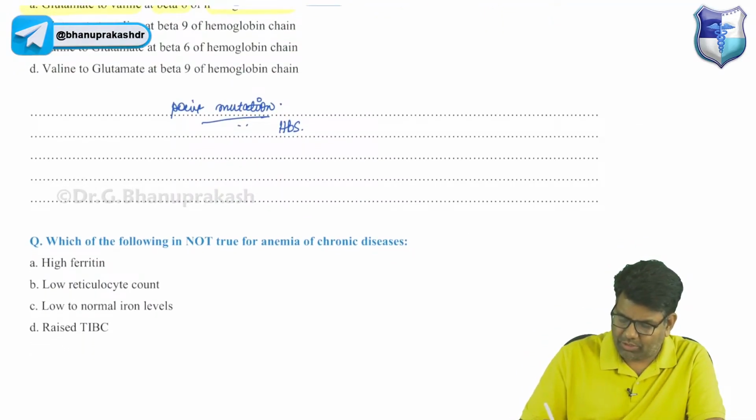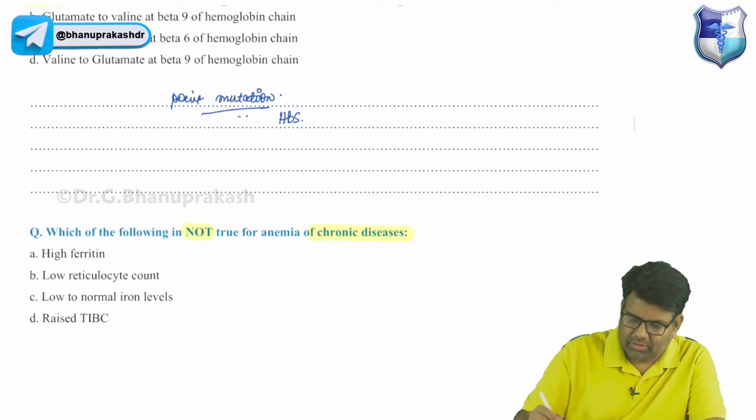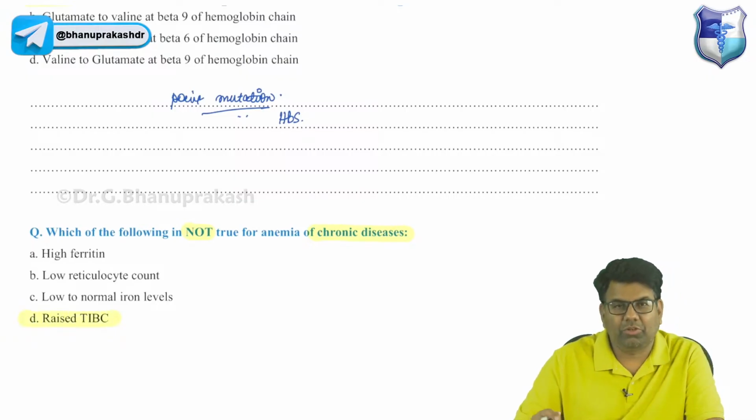Which of the following is not true for anemia of chronic disease? Yes, raised total iron binding capacity.